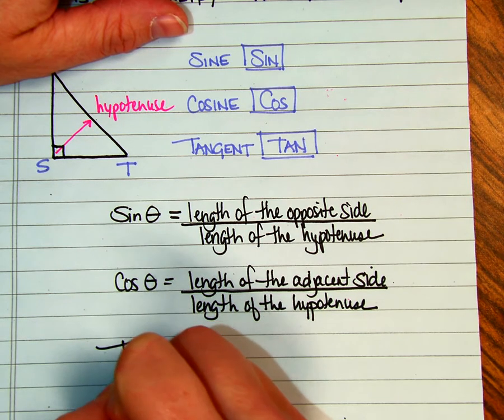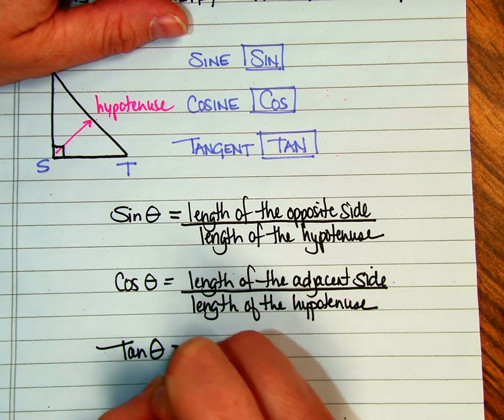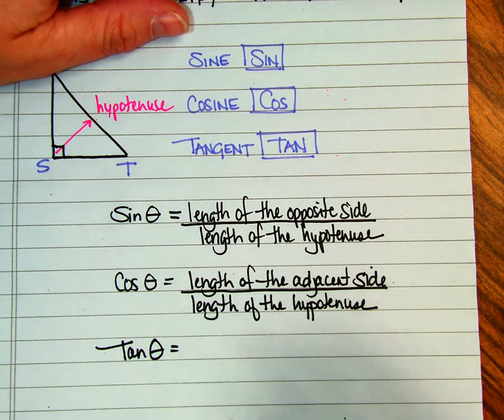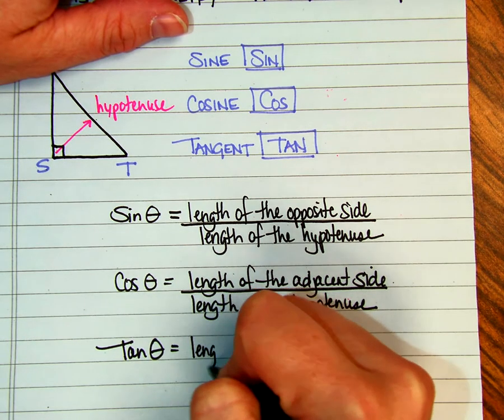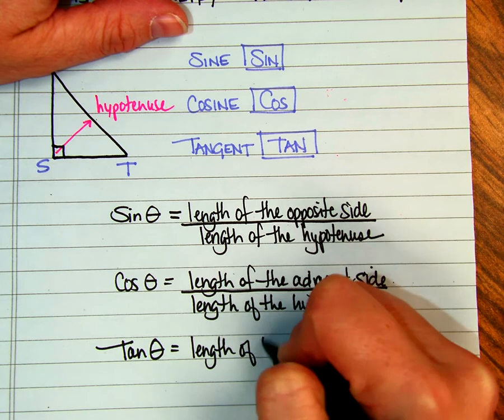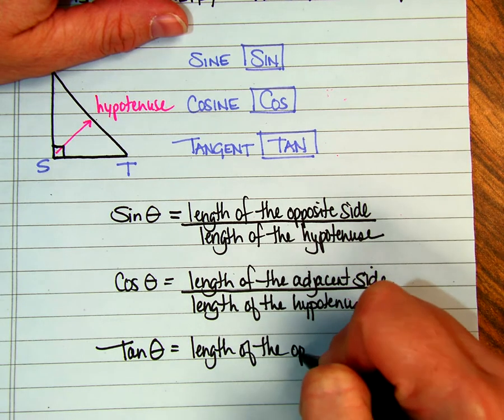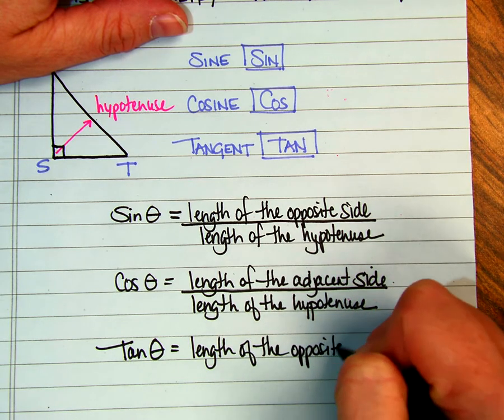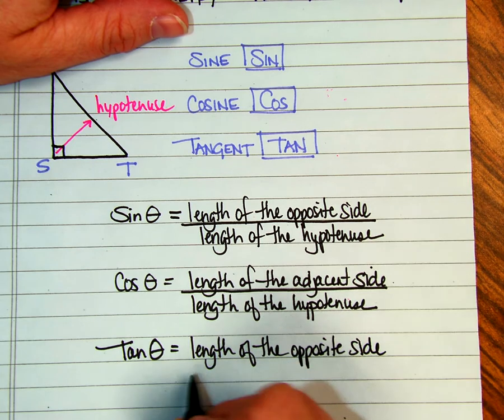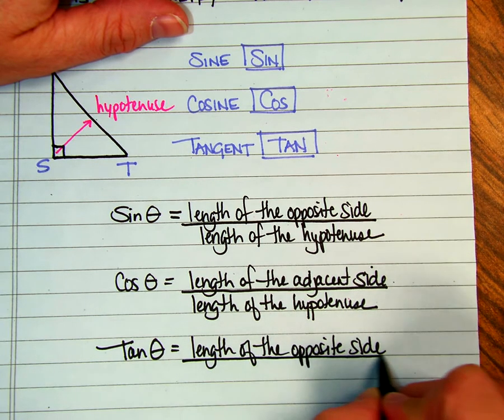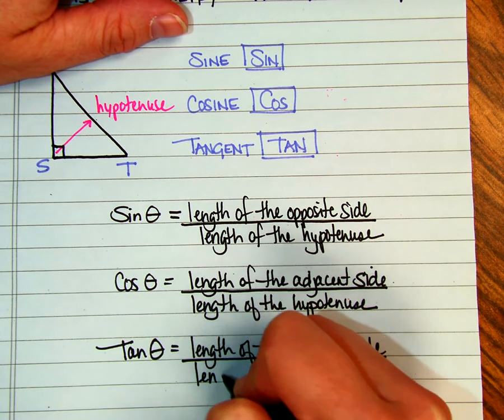And the final one that we are going to work on is the tangent. The tangent equals the length of the opposite side over the length of the adjacent side.